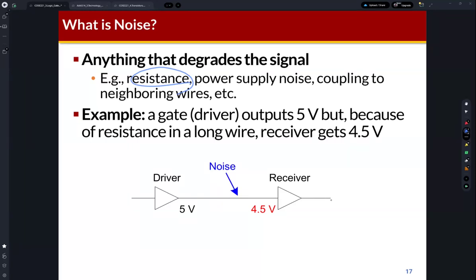Even though the battery provides some high voltage like VDD to the circuit, it's not always VDD. The supply level also fluctuates. It changes because of noise.